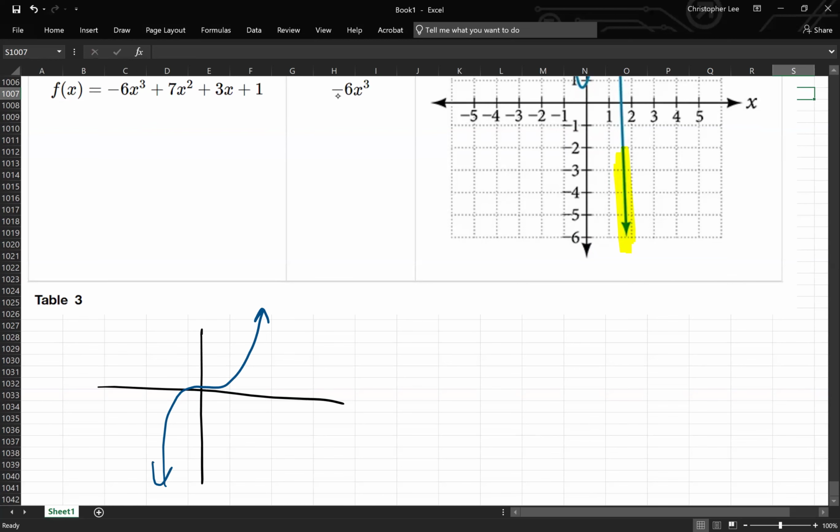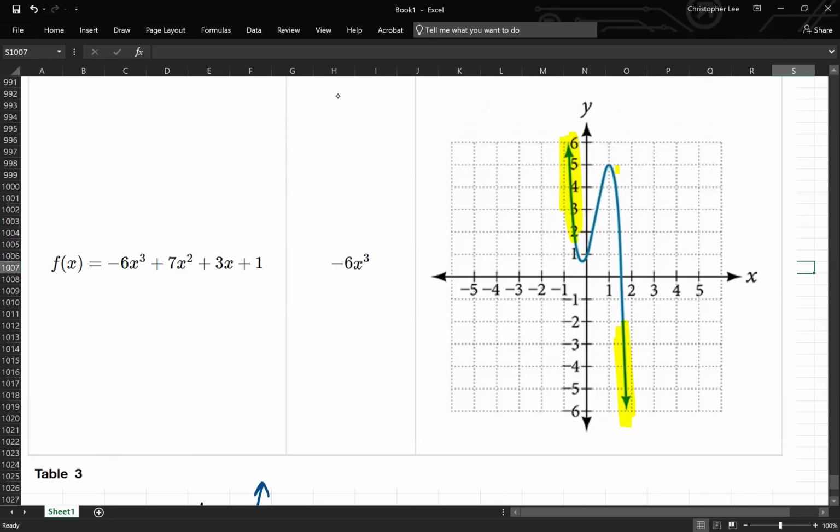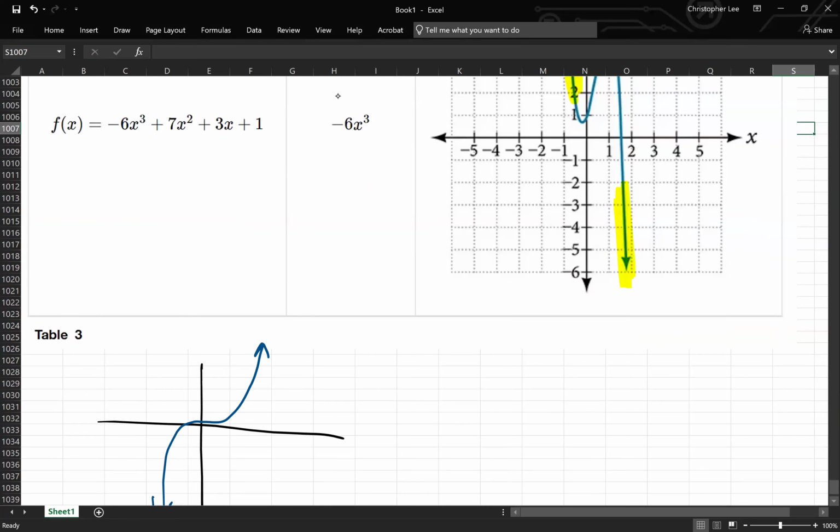But because the number in front of the one that we just did was negative, it flips over the x-axis a little bit. That's what I mean by the negative. It's still an odd powered function though. It's just flipped over the x-axis.